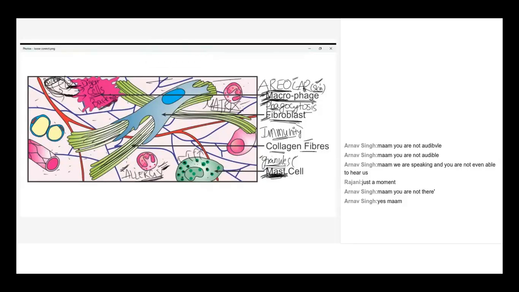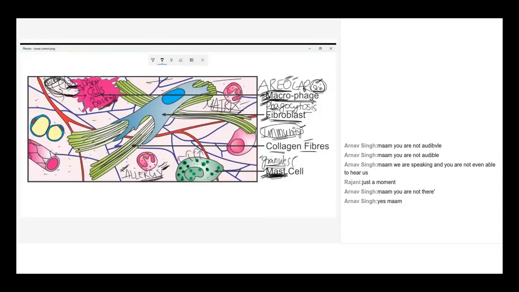So this is the basic question: where will you find macrophages and mast cells? Under the skin, beneath the skin. So they are part of areolar tissue. Areolar tissue is one connective tissue type, and under that macrophages, fibroblasts and mast cells are the cells.